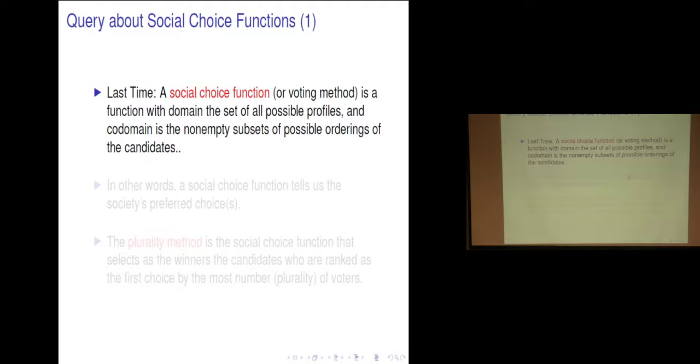Remember here we have 3 or more candidates, so the vote is not a single name. Usually each voter has to provide an order, a list of names in a particular order. The most preferred candidate appears on the top, and the least preferred appears on the bottom.